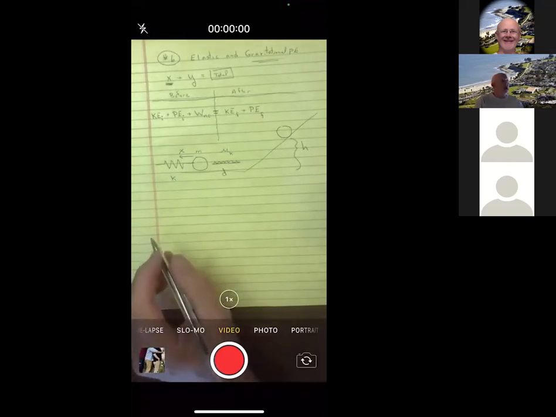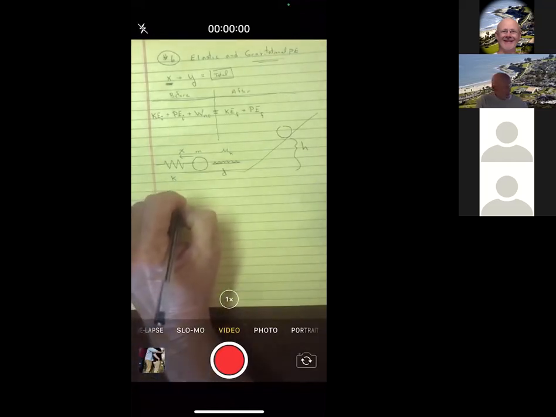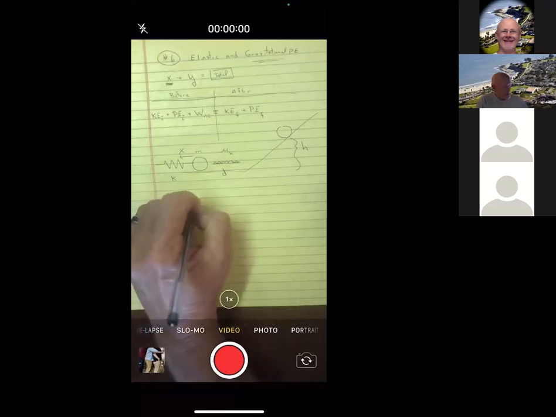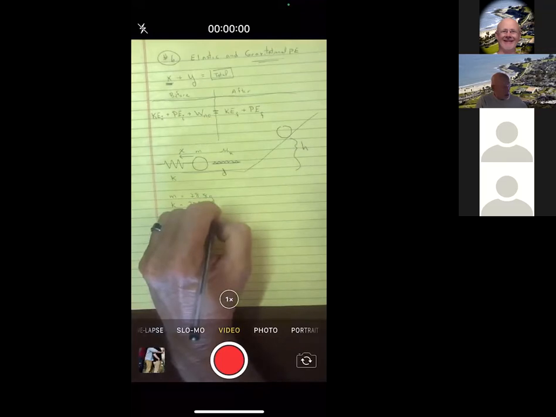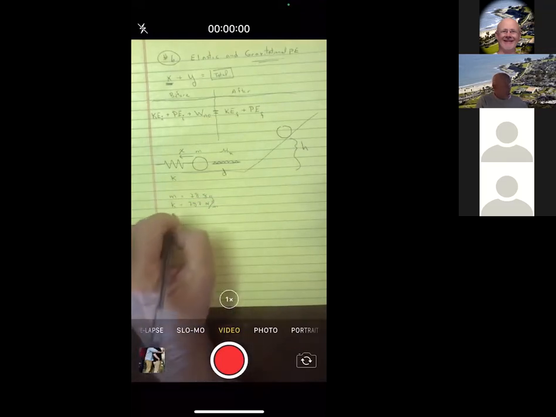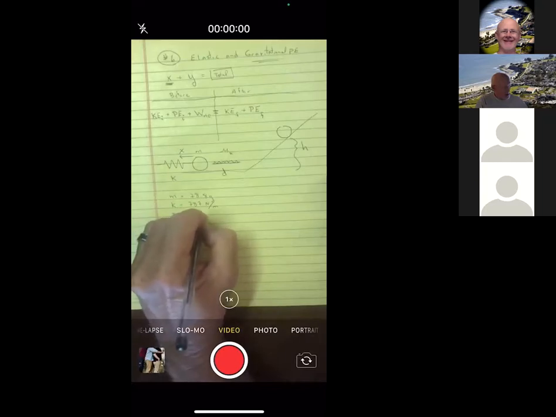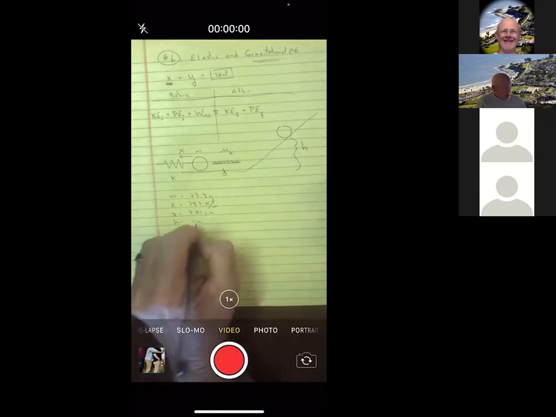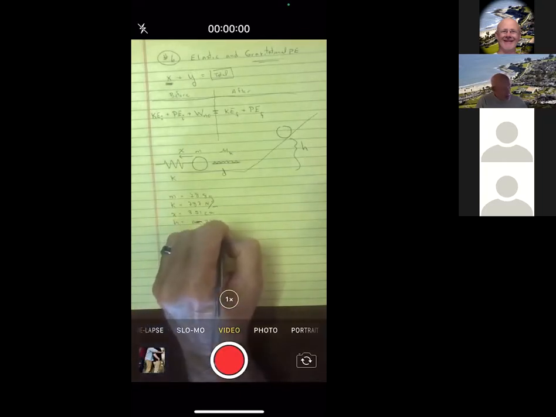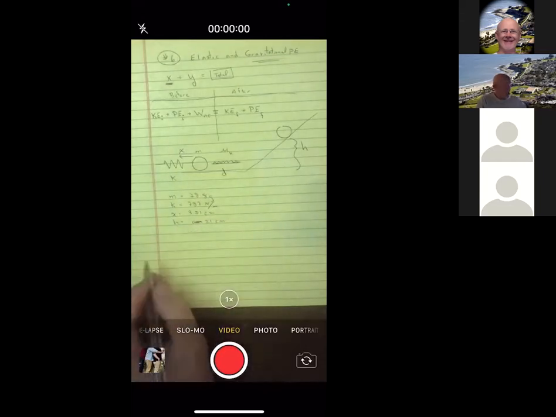And then it looks like what's given is the mass of the ball at 78.8 grams, the spring constant at 787 newtons per meter, the distance compressed 3.51 centimeters, the height it goes up 21 centimeters.